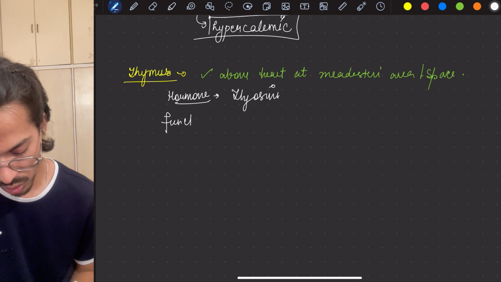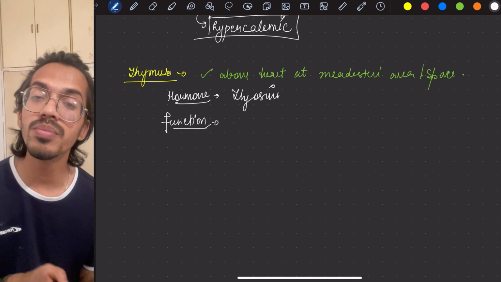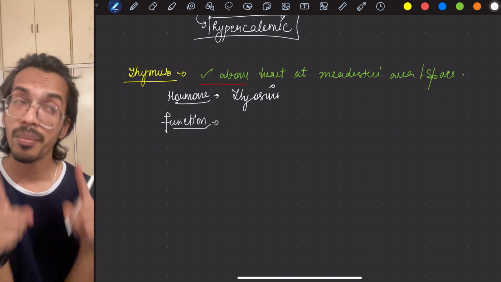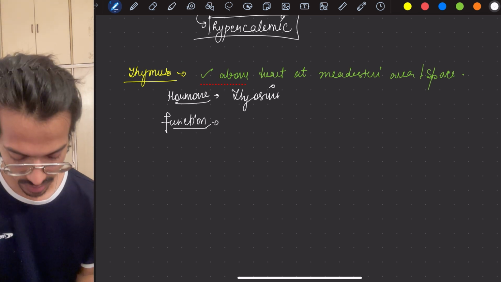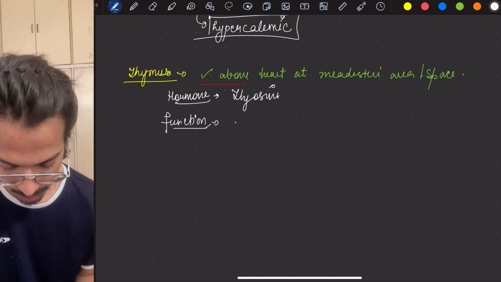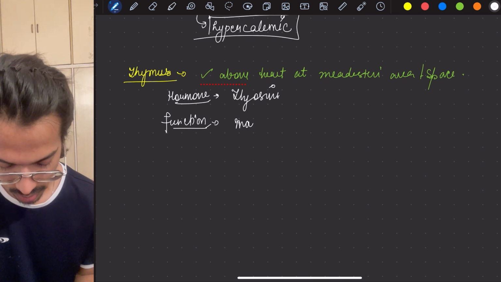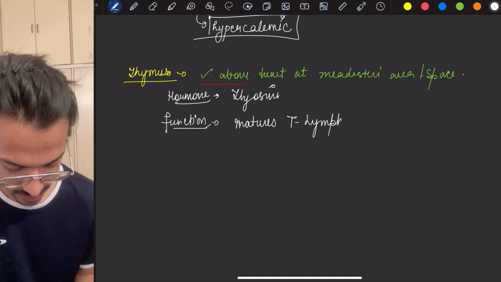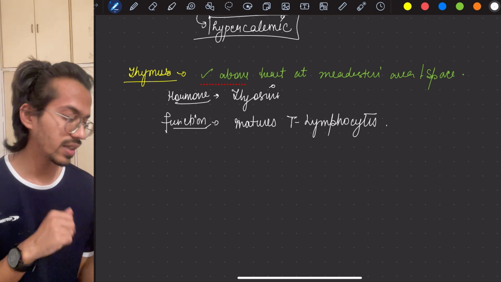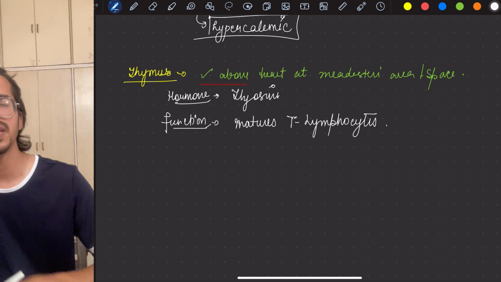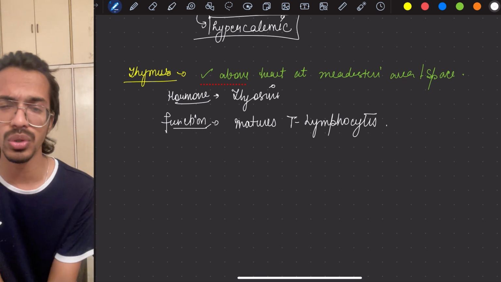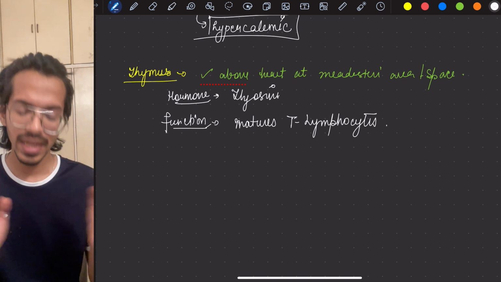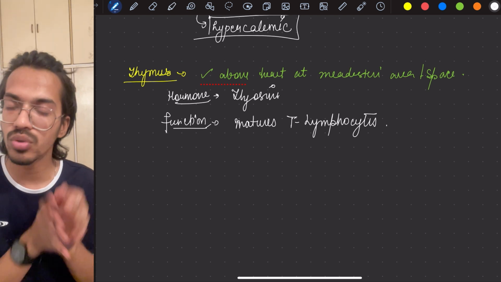What is the function of this hormone? It is responsible for the maturation of T lymphocytes. It matures T lymphocytes, which fight against infections and give cell-mediated immunity and humoral immunity. You know about it from the immunity topic. Here we will just remember this fact.